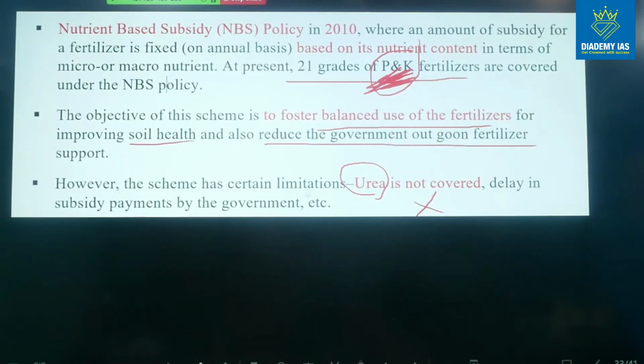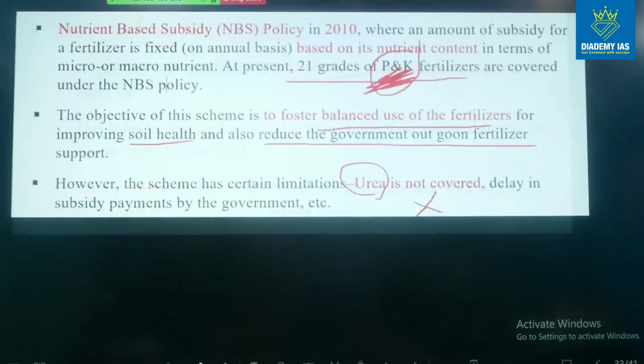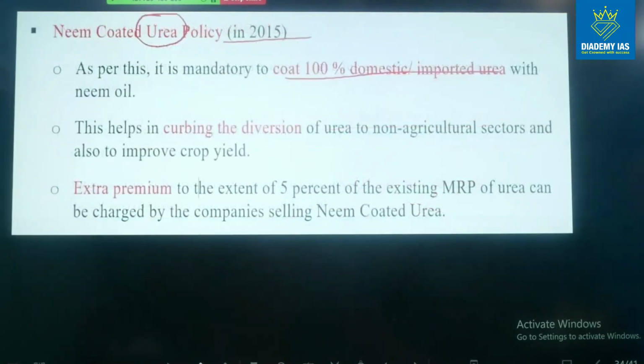However, the scheme has certain limitations: urea is not covered, and there is delay in the subsidy payment by the government. The neem coated urea policy came in 2015. As per this, it is mandatory to coat 100% of domestic and imported urea. So whatever urea there is, whether it comes from outside or is produced in our own country, we will have to coat it. And this is only for urea. Please be careful: the neem coated urea policy is only for urea, and the nutrient-based subsidy is not covering urea. So this is the prime difference.